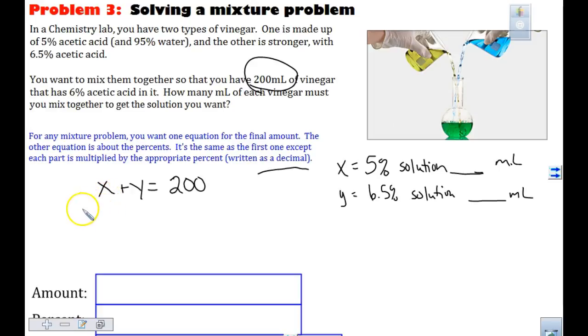So in this case, we now want to look at what is the percent of x. And we don't want to write 5%. We want to write that as a decimal. So 5% as a decimal is going to be 0.05x plus, what is the percent of y? 0.065y.